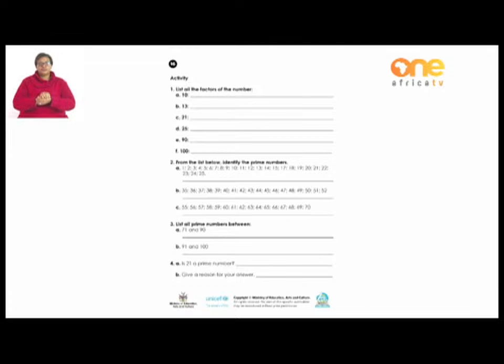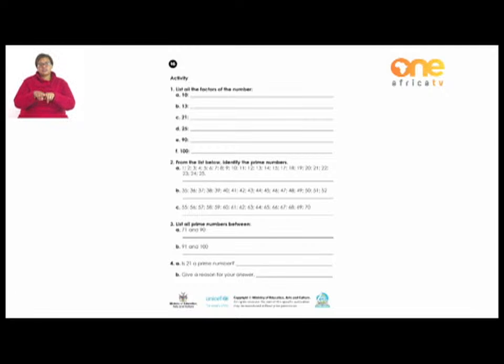Then we move to question 2, the following. From the list below, identify the prime numbers. So there are numbers listed there from 1 until 25. You only need to choose which numbers are prime numbers, and then you write them on the space provided.